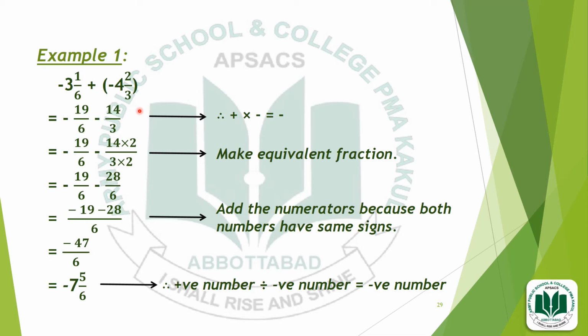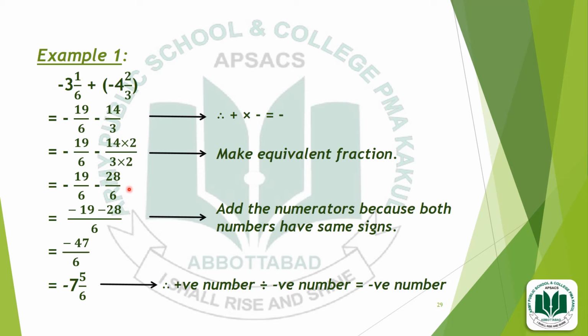Suppose we are given an expression like minus 3 whole 1 by 6 plus into minus 4 whole 2 by 3. First, we just need to merge the signs which are appearing together and convert these mixed numbers into improper fractions. Then we will make an equivalent fraction of 14 by 3 for having like fractions.